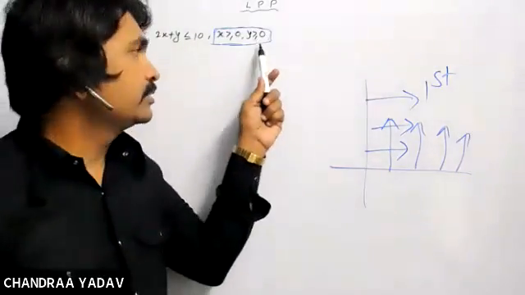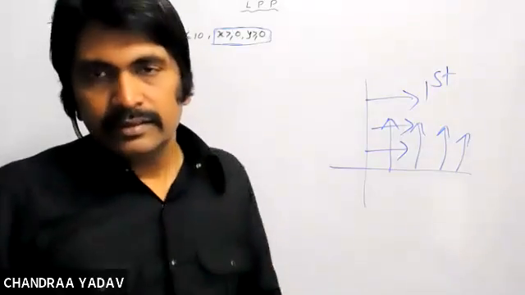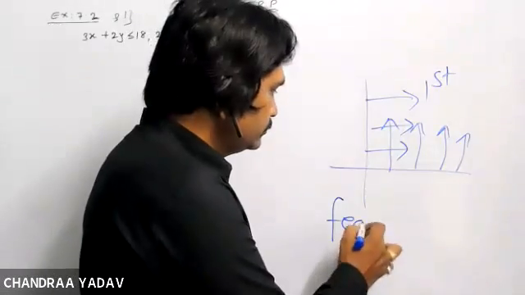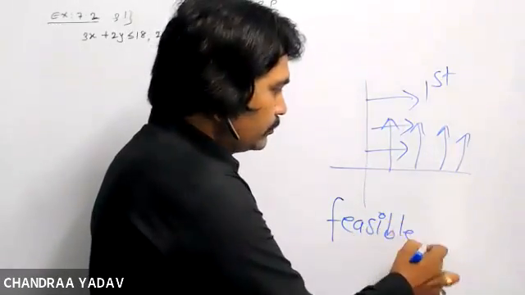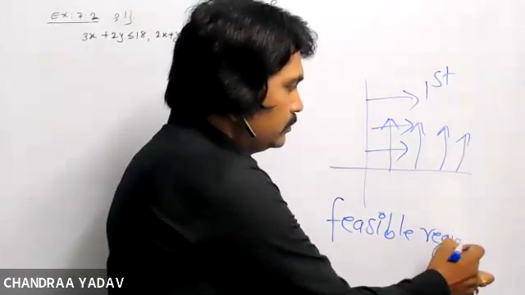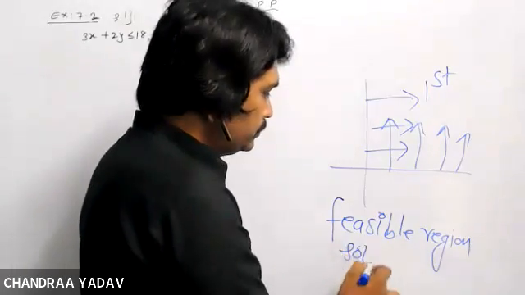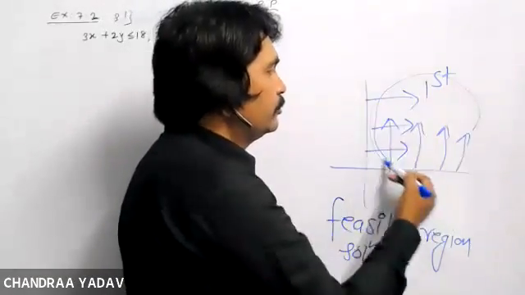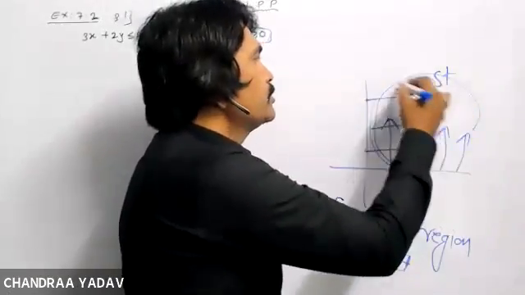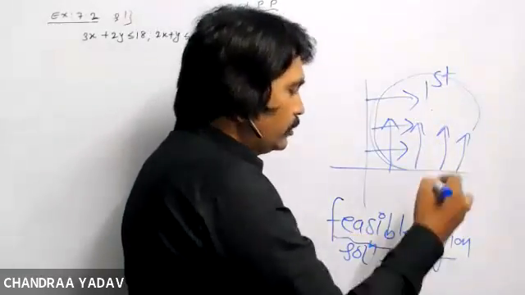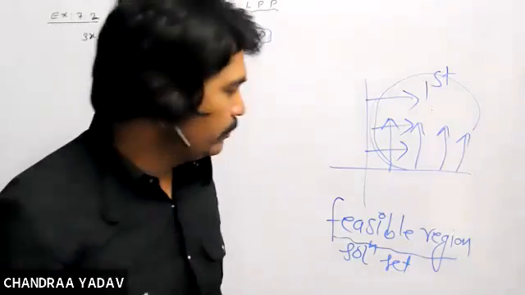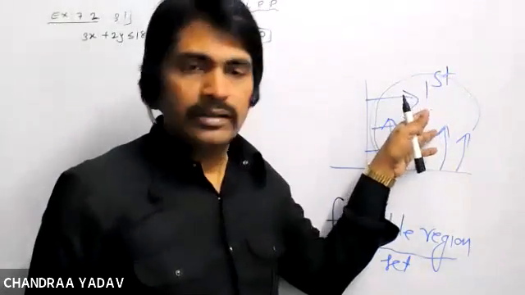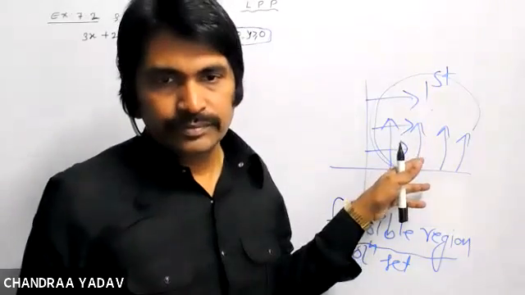Whenever we find this condition, the solution set is also known as the feasible region. All the points in the first quadrant are part of the feasible region or solution set, because the coordinates of any such point will satisfy both conditions.